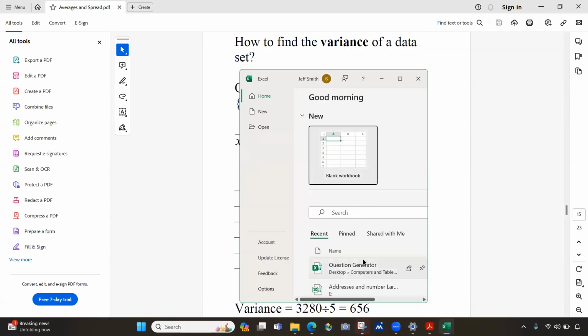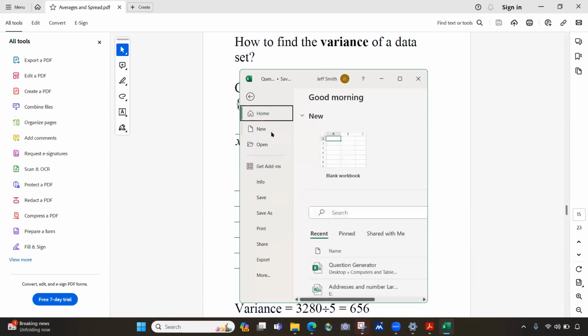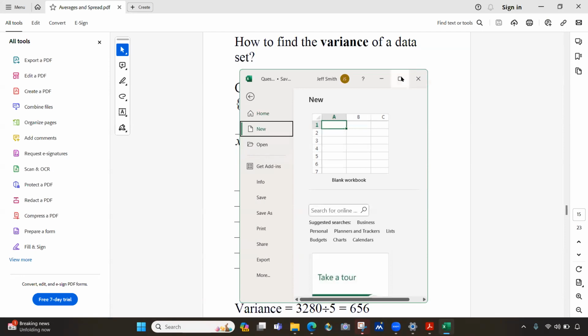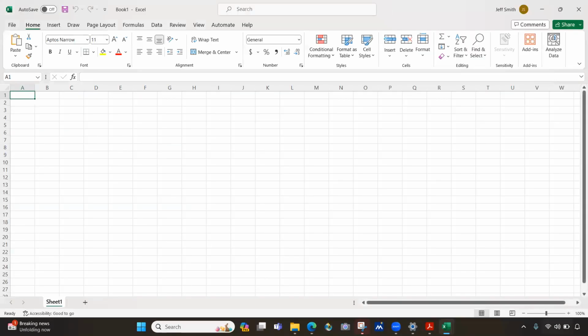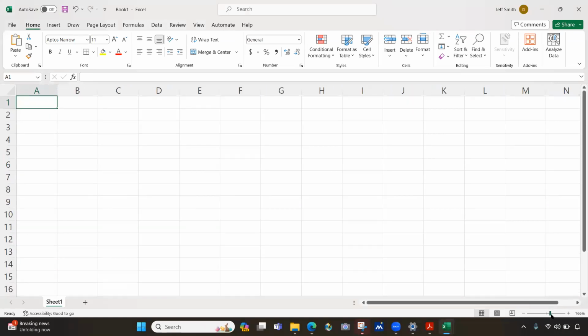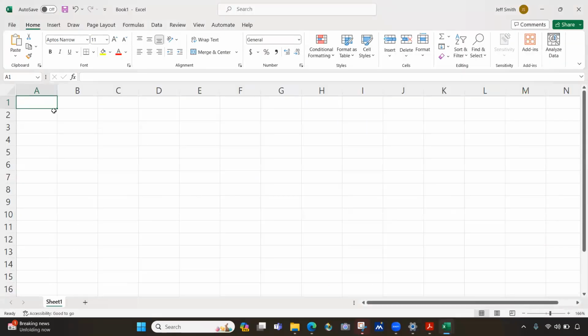Let me make it a little bigger. The numbers we have are 3, 1, 70, 9, and 17.